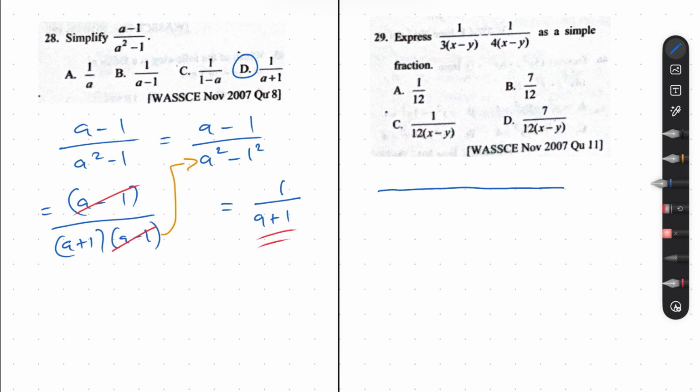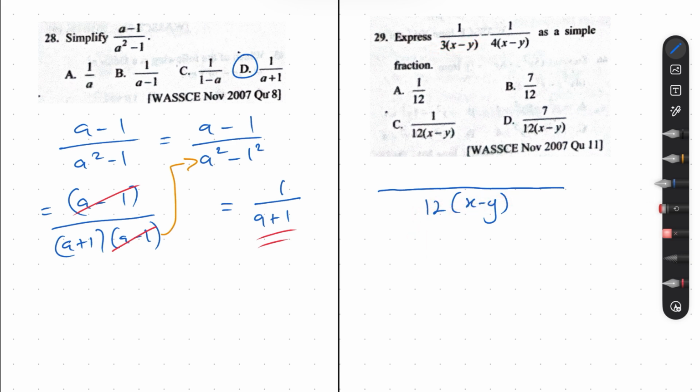So 3 times 4 will give us 12, and then we keep one of the x minus y because it's common. Now let's go up. If we cancel this from this, we'll be left with 4, because x minus y will cancel x minus y, and 3 goes into 12 four times.